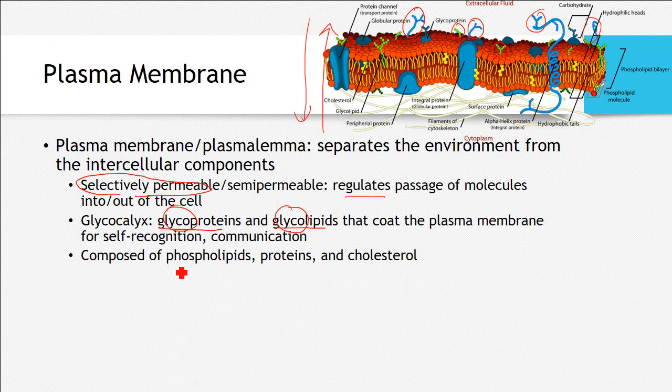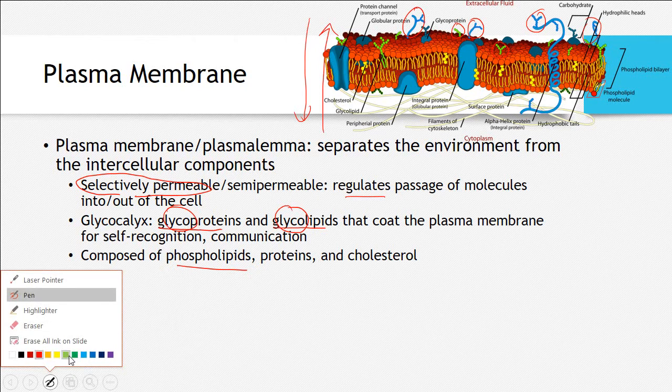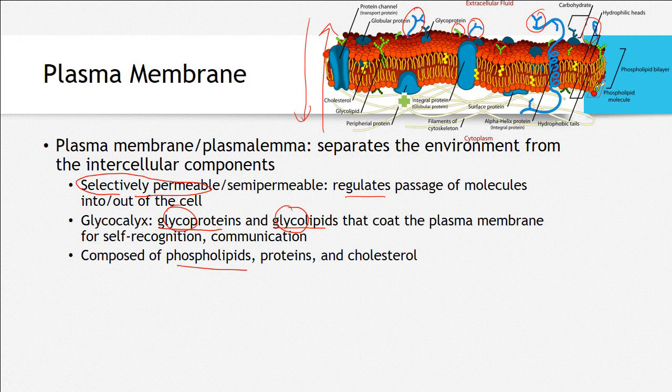The plasma membrane is composed of phospholipids, and these are these structures that you see here, these little red circles that you see around here, with these fatty acid tails that hang within the plasma membrane. These are phospholipids. The proteins are these blue structures that you see here. And there's different types of proteins.